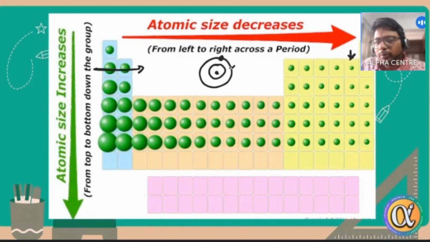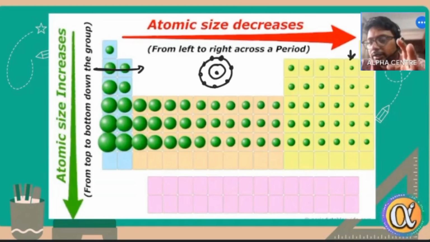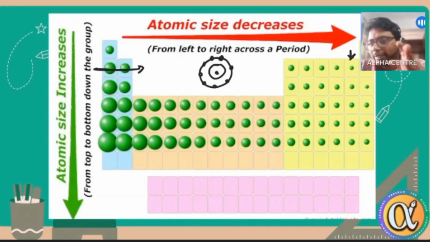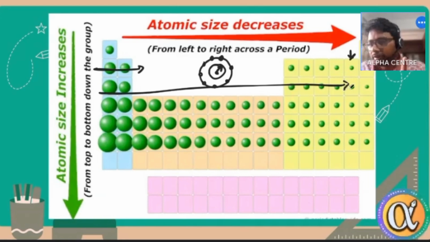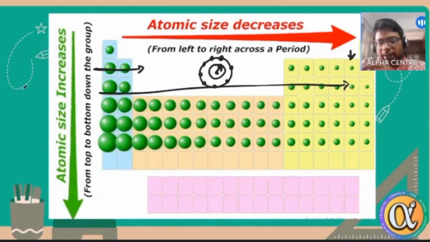But when more and more electrons come in a given period, the electronic repulsion also increases, and the electrons try to be away from each other as much as possible. So both factors are playing a role. One is that the nucleus is pulling them strongly, as it becomes stronger going from left to right. The other factor is, since you're adding more and more electrons in the same shell, the electronic repulsion is increasing, and hence the electrons are trying to move a bit away from each other.